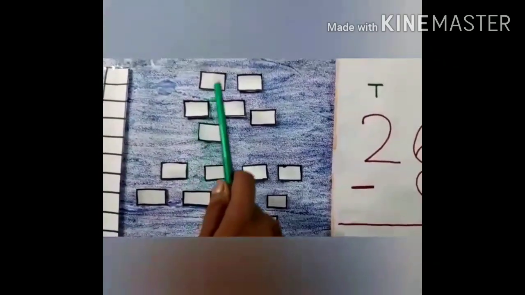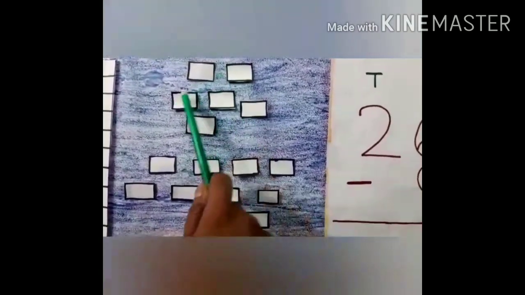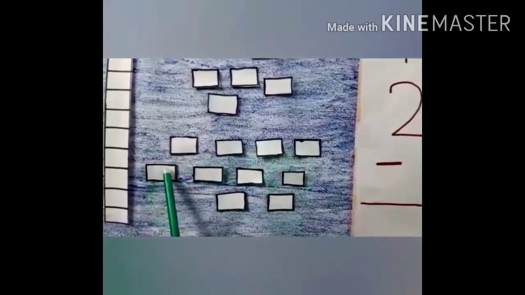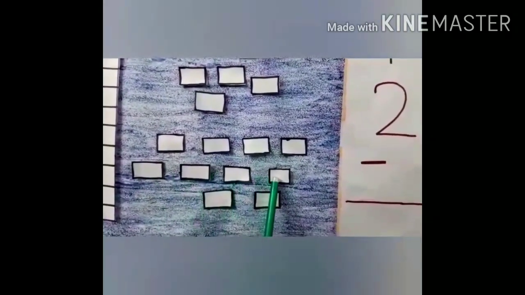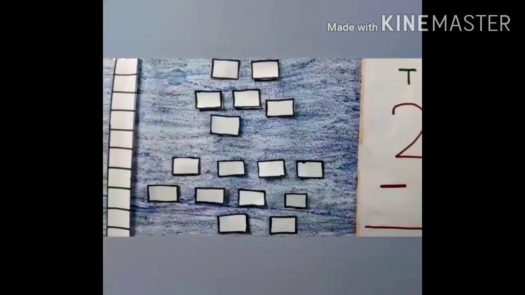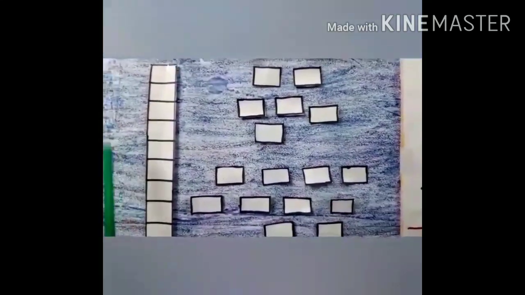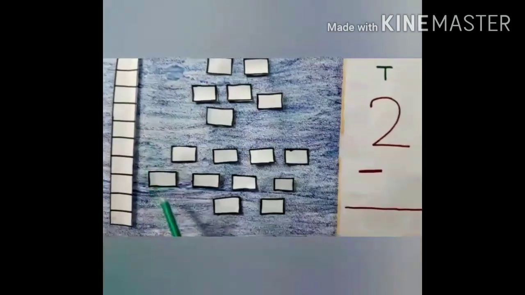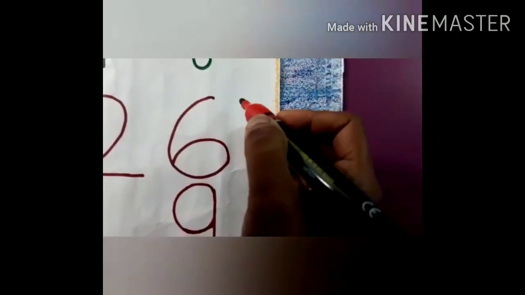So now how many ones do I have? 1, 2, 3, 4, 5, 6, 7, 8, 9, 10, 11, 12, 13, 14, 15, 16. So I have borrowed 1 ten from the tens place and regrouped it into the ones place and made 16 ones. So 6 ones will become 16.